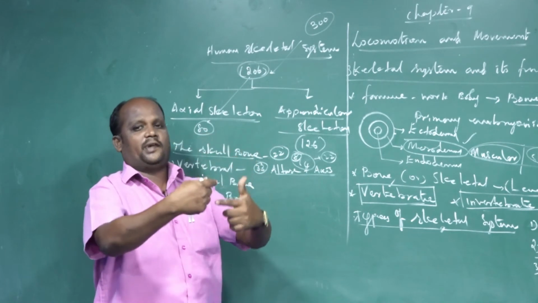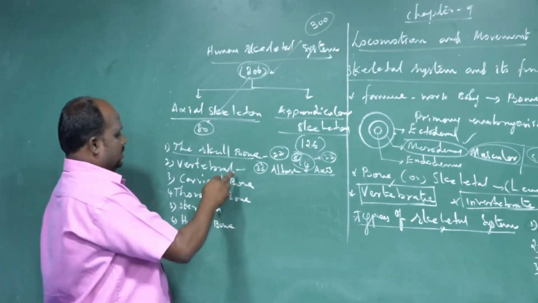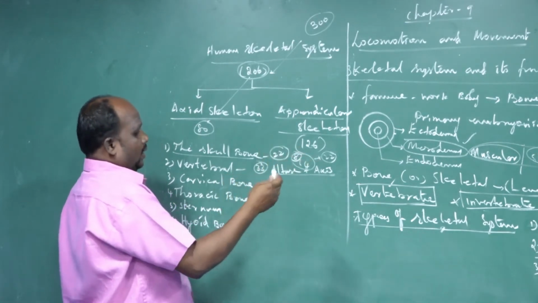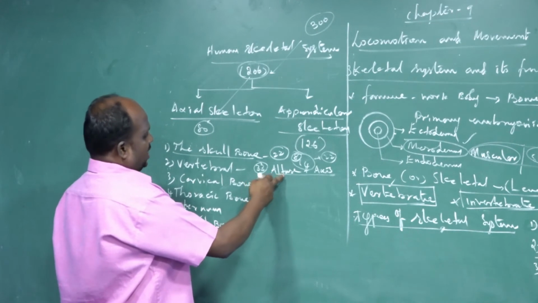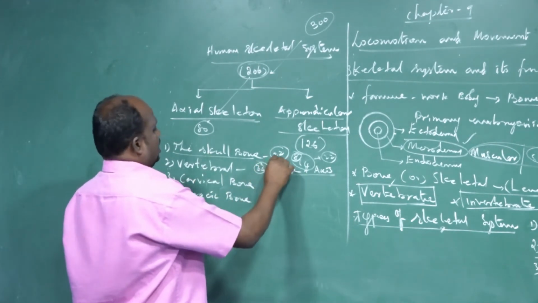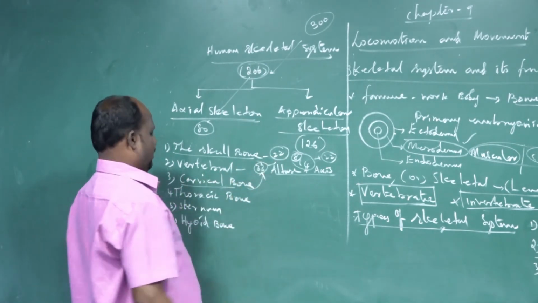The vertebral bone is otherwise called the backbone. The serial arrangement of the backbone starts with atlas and axis. The number of bones is 33. The second one is cervical bone, which is included in the 33.